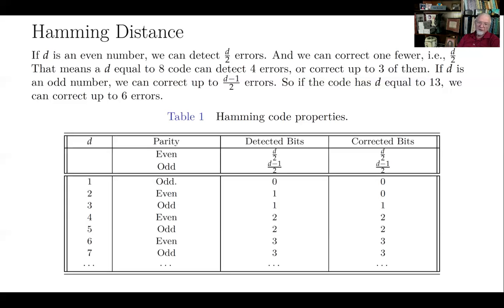Right, but if you go to 13, then you can correct 6 errors and detect 6 errors. So depending upon how bad the error probability is, there's got to be some length which will allow you to correct all the number of possible errors that are likely in your channel.